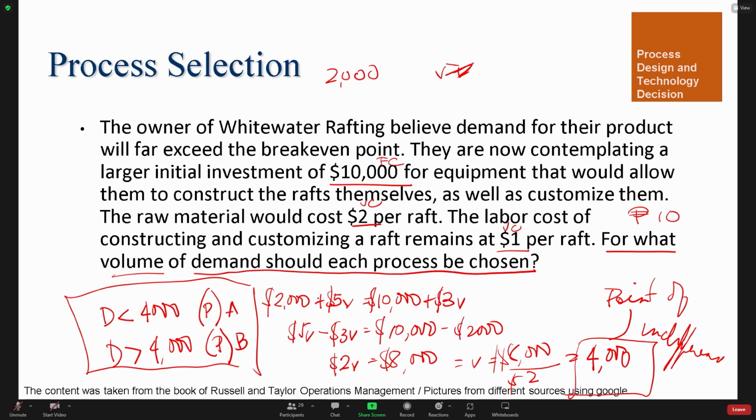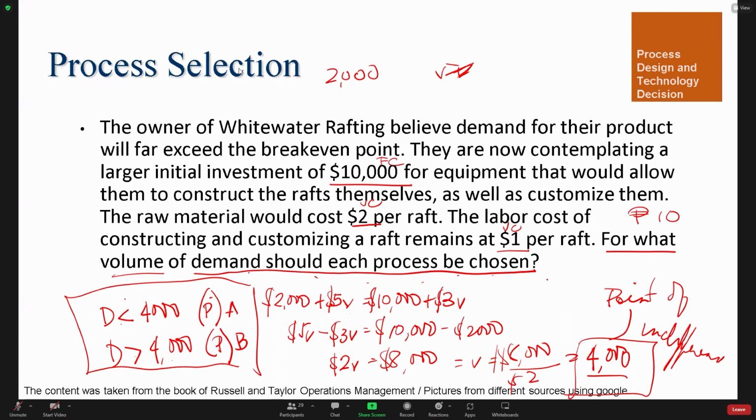Saan ako nawala? Yan, sir, sa process selection. Okay. So, pero naintindihan nyo, pag 4,000 yung point of indifference, anong sagot? For what volume of demand should each process be chosen? I will choose process A if the demand is less than 4,000 units. I will choose process B if the demand is greater than 4,000.